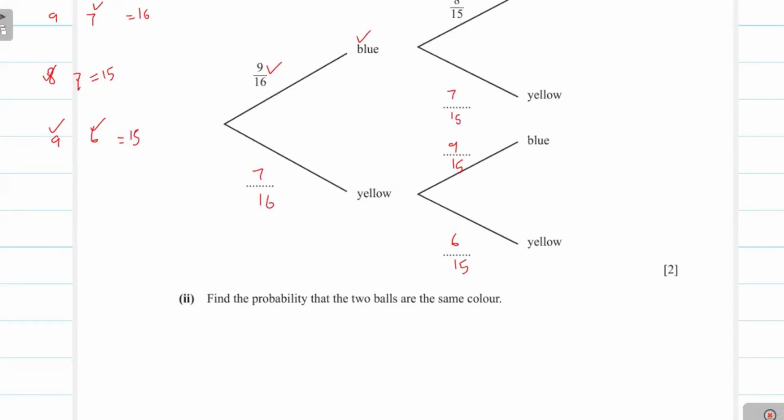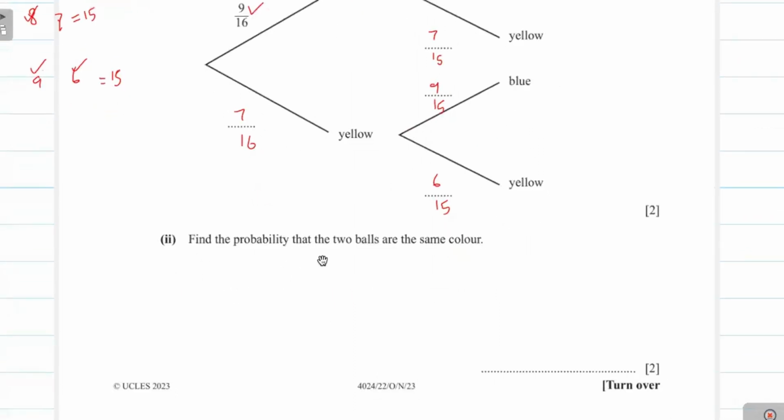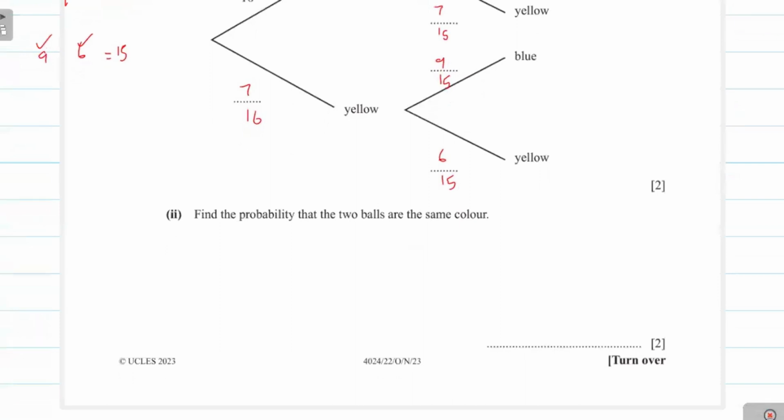Now the second part: find the probability that the 2 balls are the same color. The probability of the same color will be equal to the probability of both blue balls or the probability of both yellow balls.